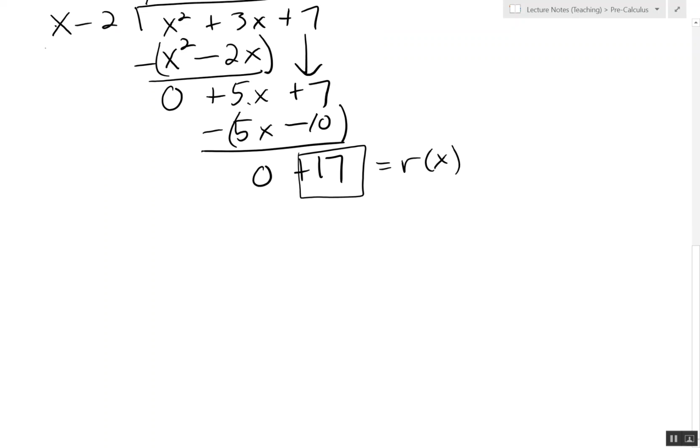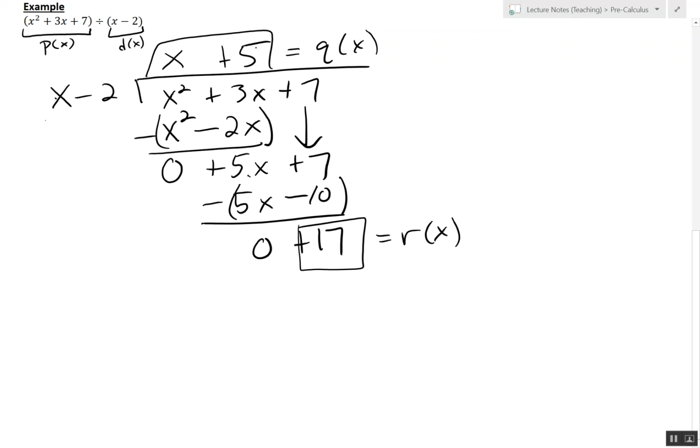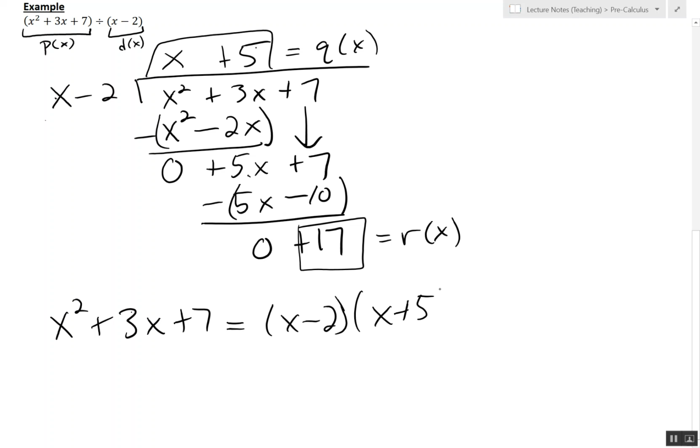So the division algorithm says that x squared plus 3x plus 7 should equal x minus 2 times x plus 5, plus 17.